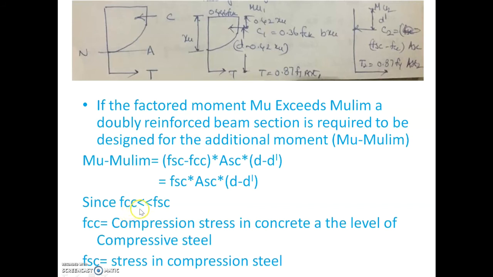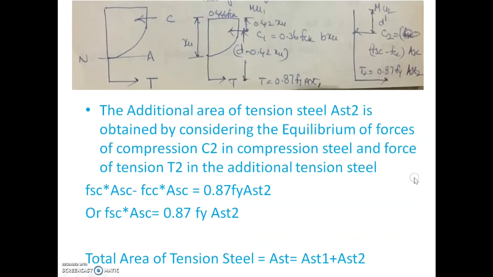That is, fcc is much lesser than fsc. So in this case, we will neglect this fcc value. Finally, Mu minus Mu limiting is equal to fsc into Asc into d minus d dash. fsc is the stress in the compression steel.